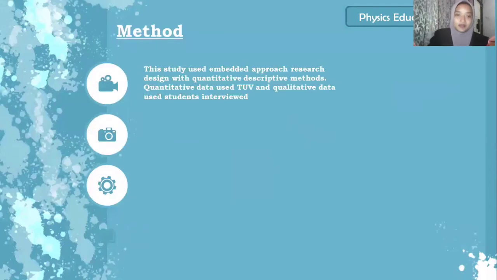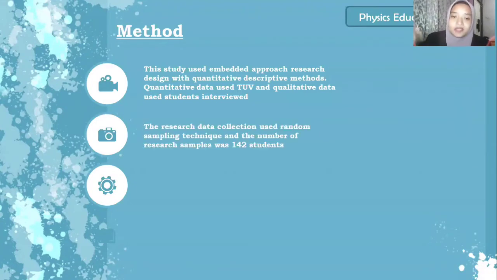Next, we move to method. This study used an embedded research design with quantitative descriptive methods. Quantitative data used CUV and qualitative data used student interviews. The research data collection used a random sampling technique, and the number of research samples was 142 students.